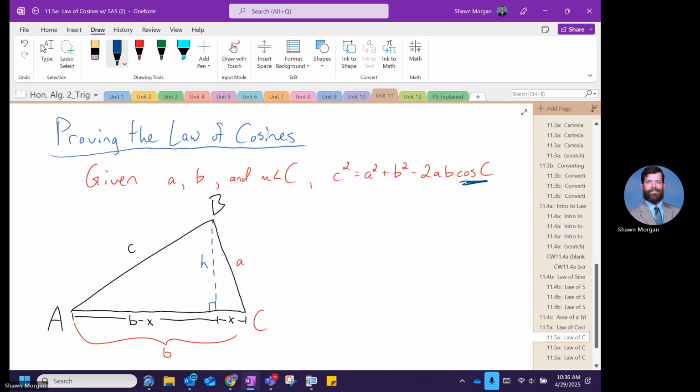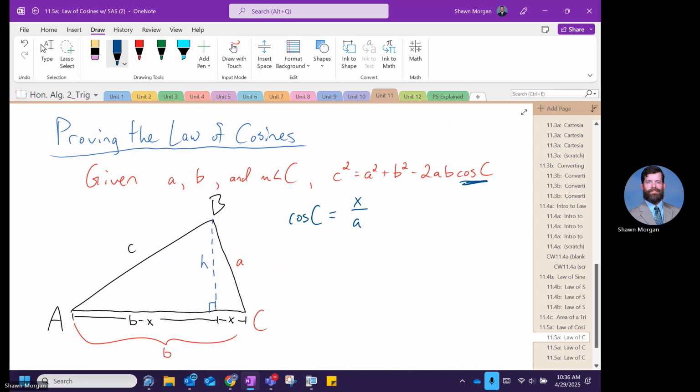This will be x over what? Why was I not allowing him to use the adjacent side as b? Very good. The big triangle is not a right triangle. It's an arbitrary triangle. So let's say the cosine of C equals x over a.